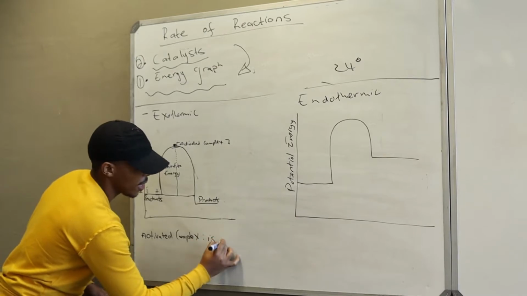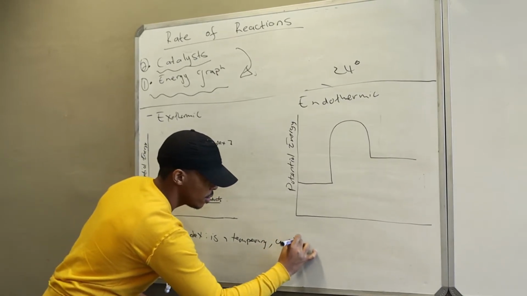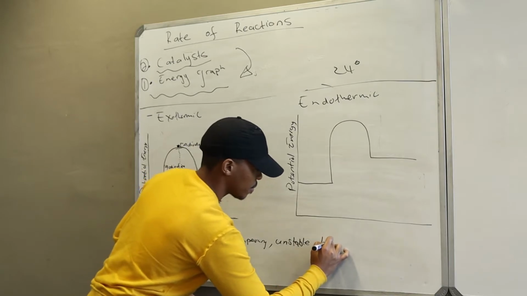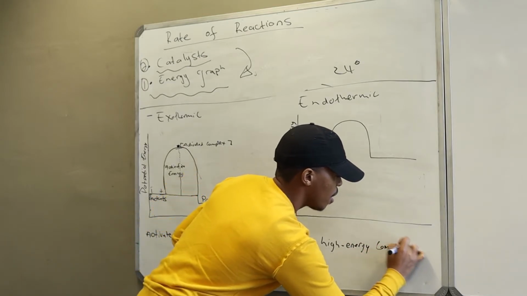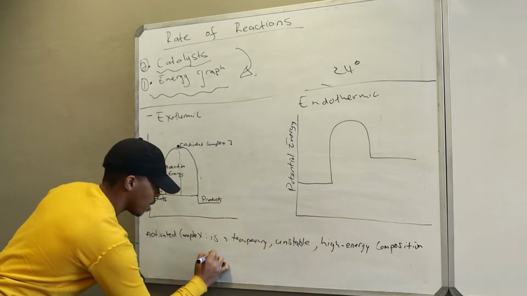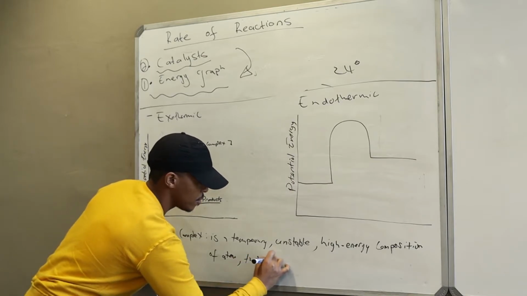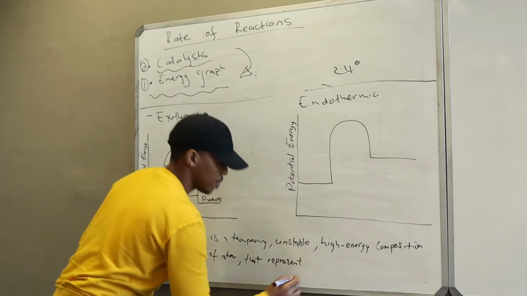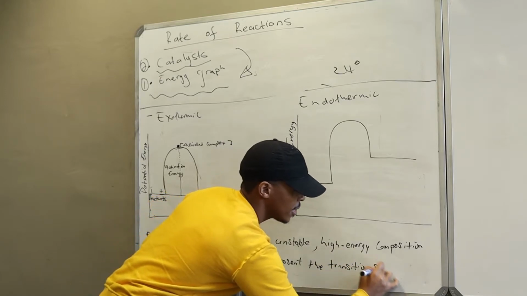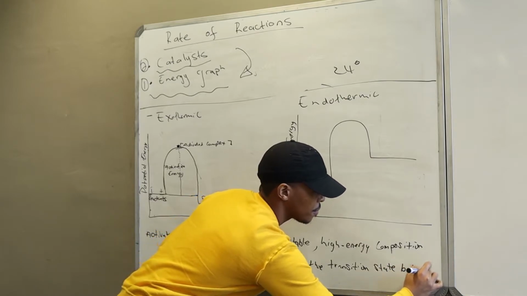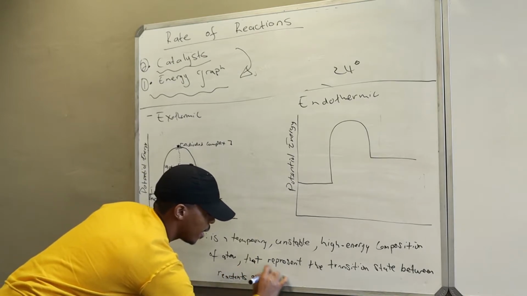Activated complex is a temporary, unstable, high energy composition of atoms that represents the transition state between reactants and products.